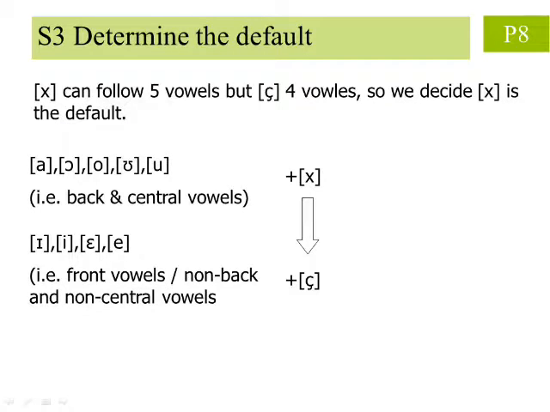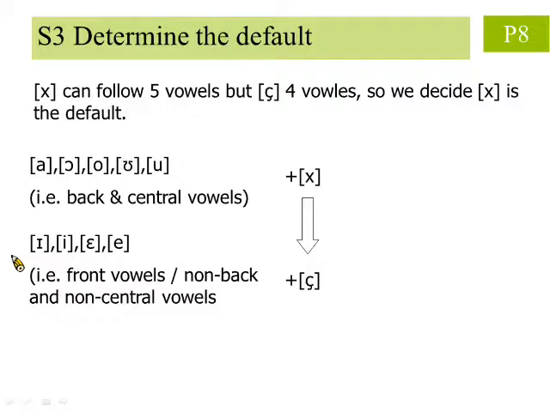Next, we try and establish a rule. As we just mentioned, the 5 upper vowels all belong to center or back vowels. Meanwhile, the 4 lower vowels all belong to front vowels, or alternatively, non-back and non-central vowels.